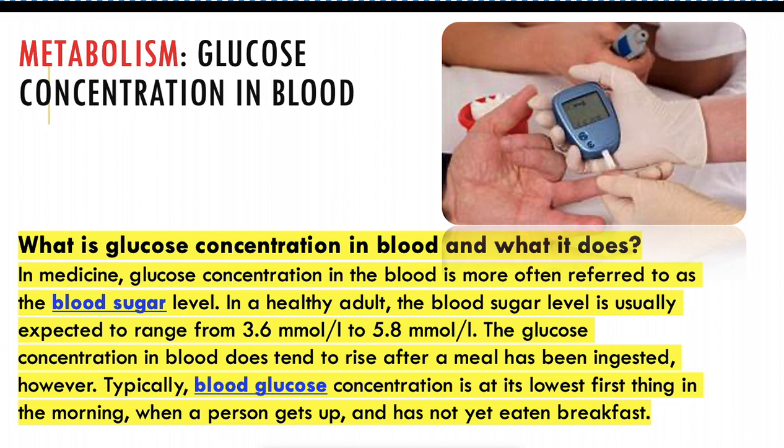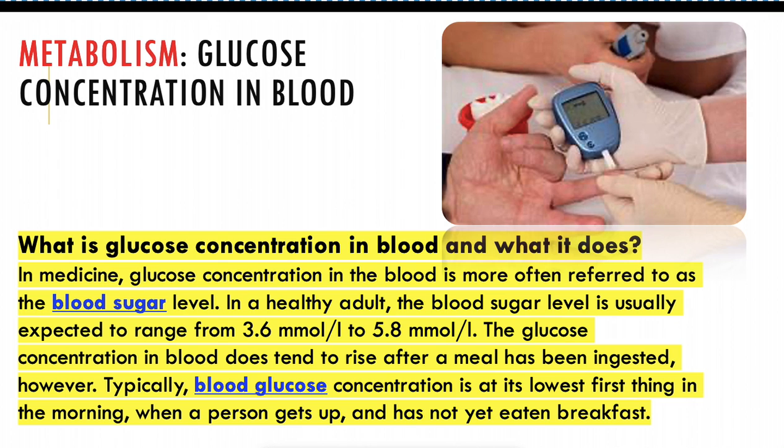In medicine, glucose concentration in the blood is more often referred to as blood sugar. Whenever you're working so much and not eating anything, in rigorous action, your blood sugar may decrease, and then you feel dizzy and you need to eat something. In a healthy adult, blood sugar levels are usually expected to range from 3.6 to 5.8 mmol per litre.